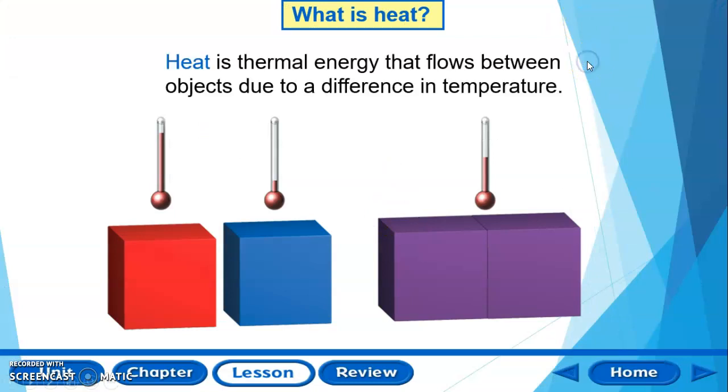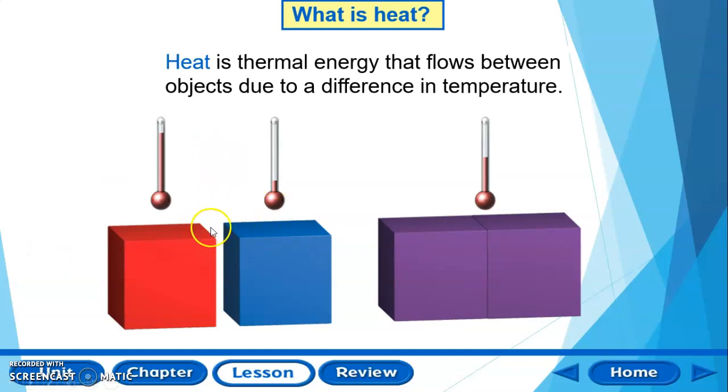Okay, so the drawing that I put here is to represent two blocks. Look at these two blocks. What can you notice here? You can notice that they have different temperatures. So as they are pushed together, the heat will flow from the hot block to the cooler block.